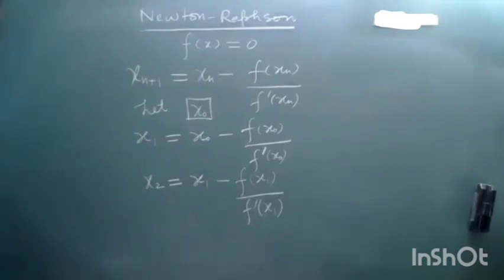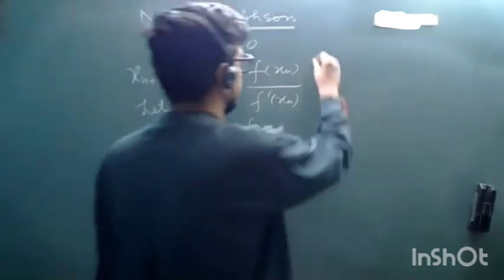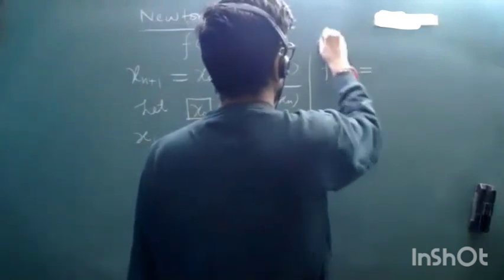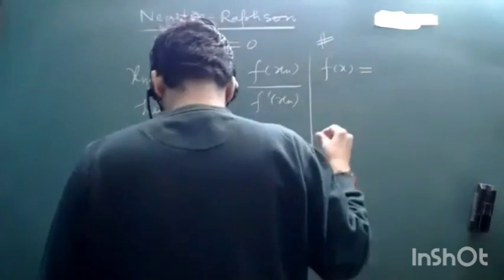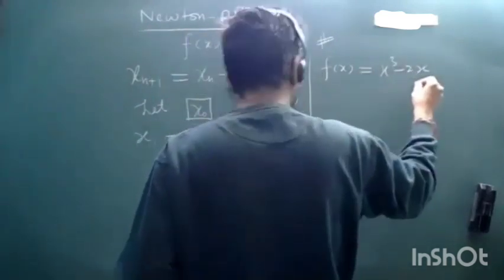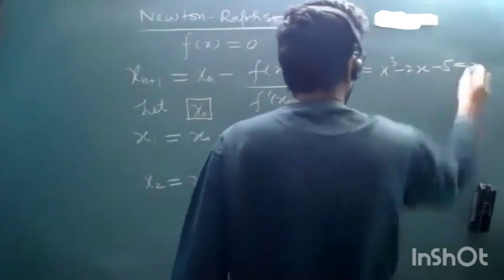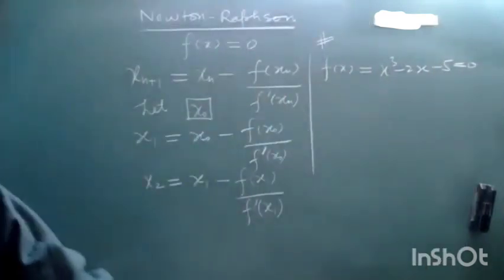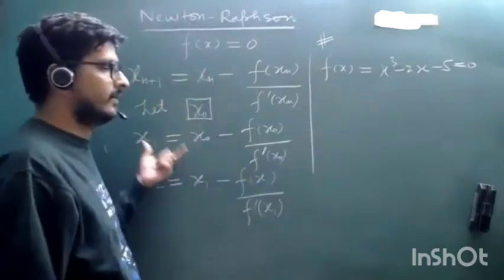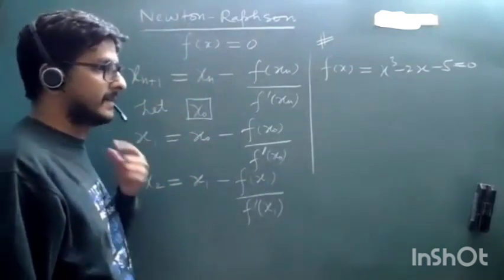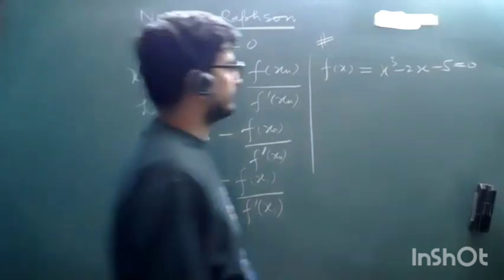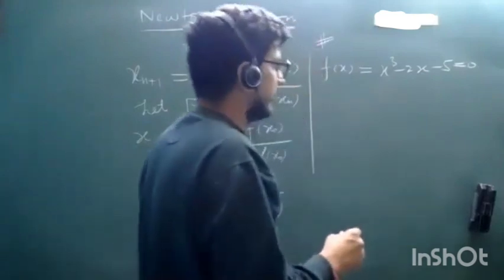So let me take a function f(x) = x cube - 2x - 5 = 0. Suppose this is the question, and they may ask you just what is the value of x(n+1). I will write the iterative formula for this.